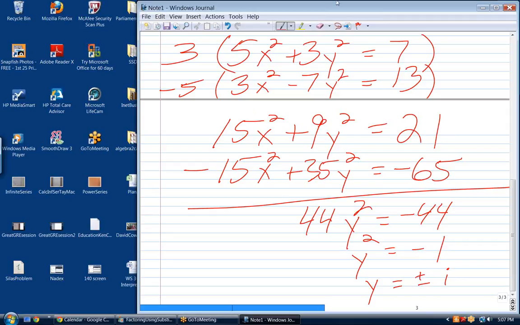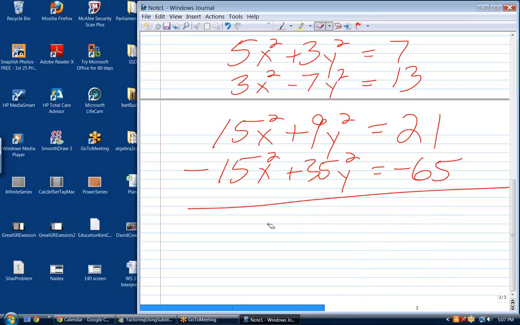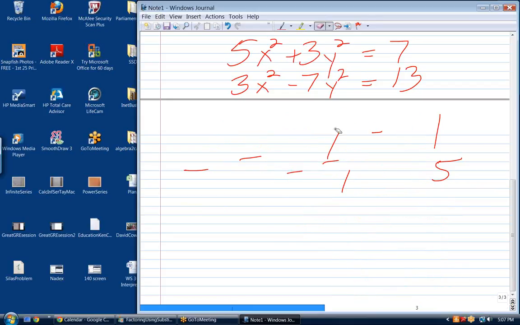Now, to solve for x, let's go back and substitute the y into that equation. Okay. So would the y just act as a -1 in that case since it's i? Uh-huh.